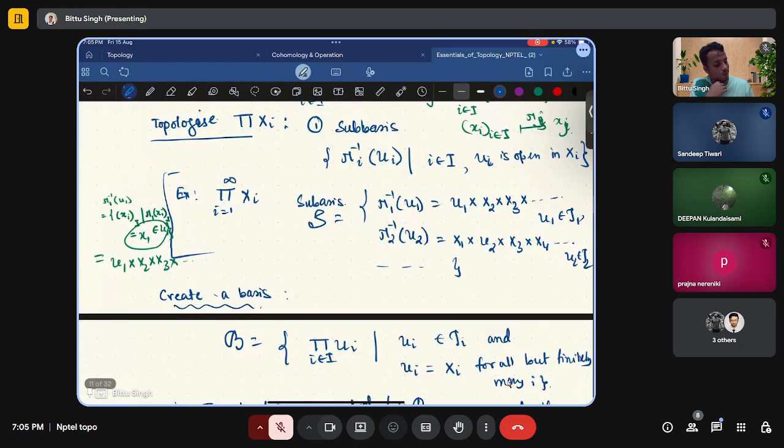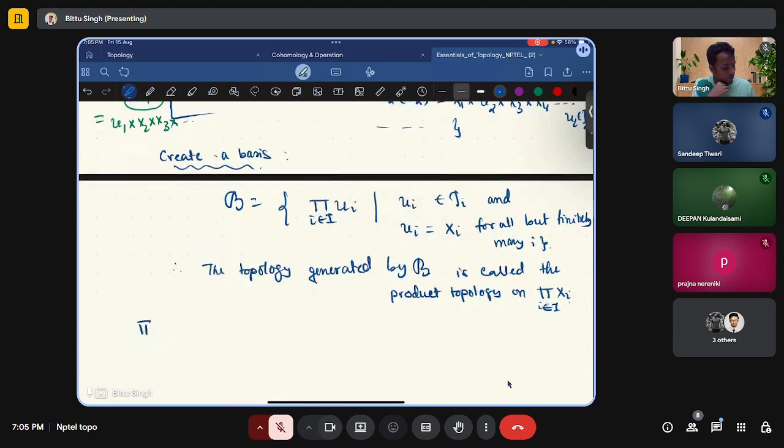This is one way, and the second one will be like this.